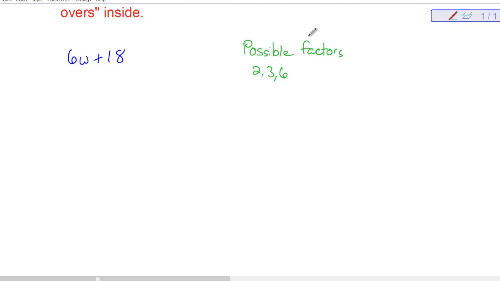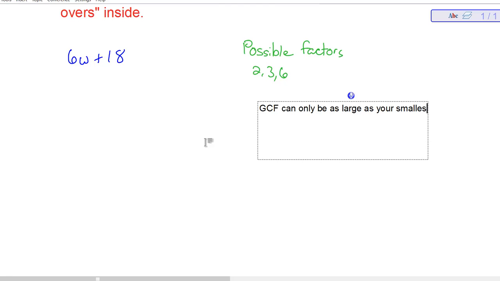So here's one key fact: your greatest common factor can only be as large as your smallest number.